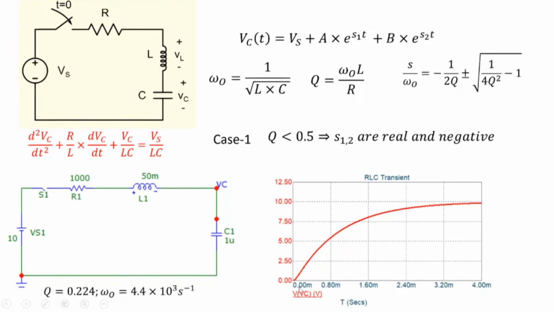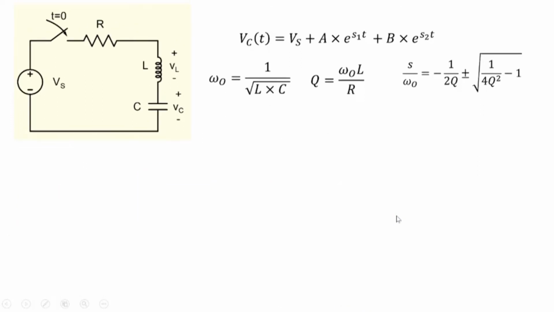Anyway, it seems to be according to expectations. S1 by omega naught is 0.423 and then S2 by omega naught. For these values, we can calculate what S1 and S2 are.